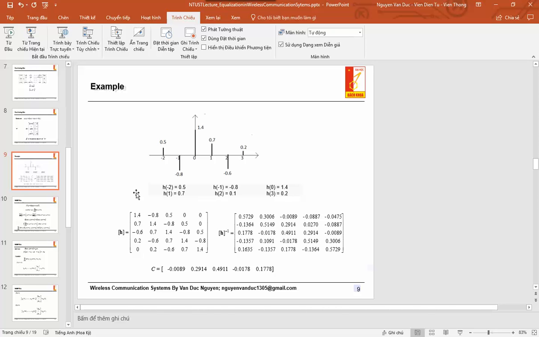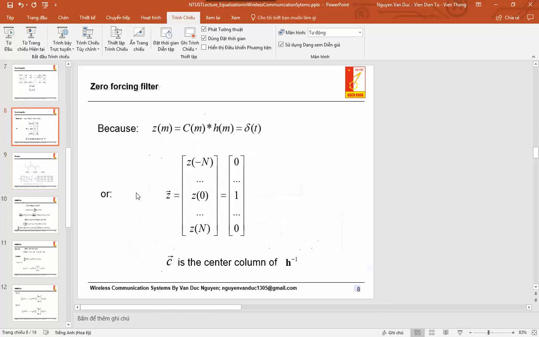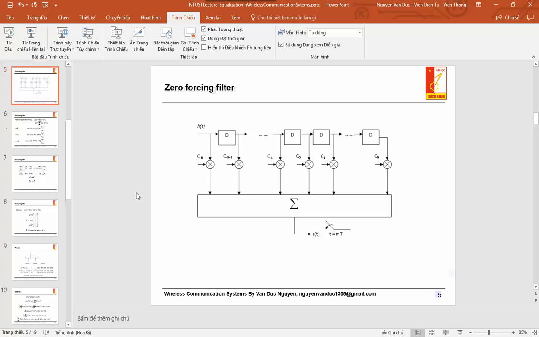And having the filter coefficient, you can develop the impulse response filter like this. You know that this is a zero crossing filter that's very popular and applies to many systems.